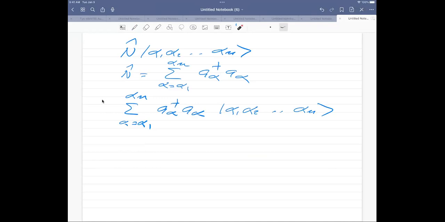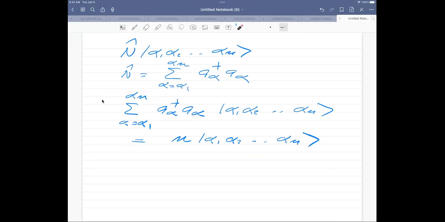So this is simply going to give us n times the Slater determinant, alpha 1, alpha 2, up to alpha n here. And that n is the number of particles which I have. Because every time I act with this operator here, I just produce the same state, and I do that n times.